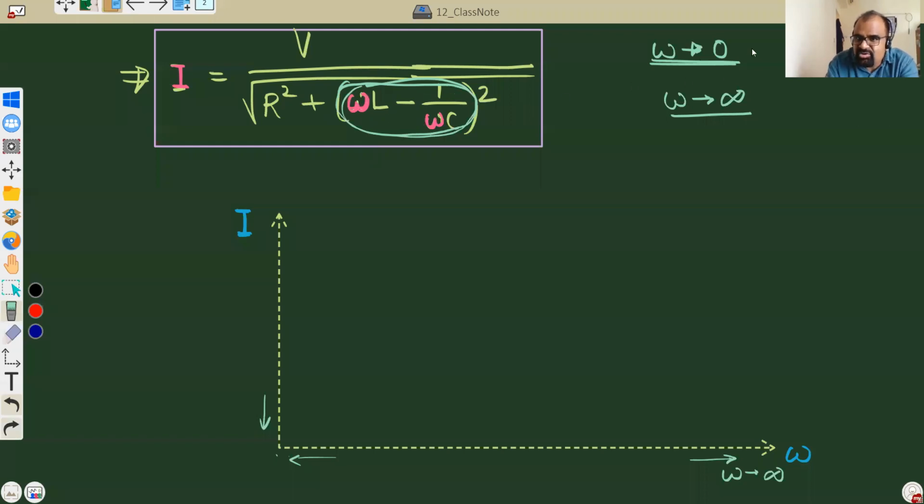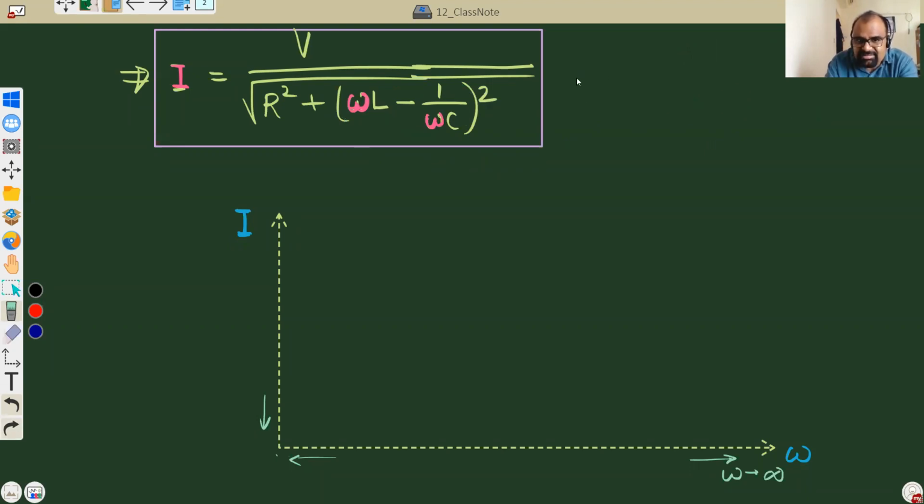And when omega tends to infinity, this part becomes infinity and this part becomes 0. So infinity minus 0 is infinity, and when you square it, again infinity. So again, the denominator will tend to infinity. Any problem?